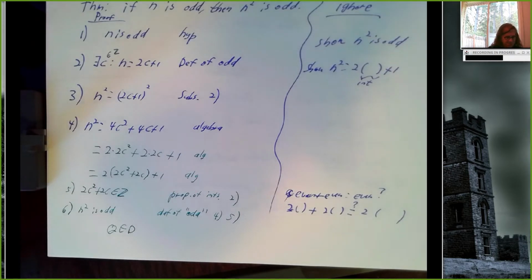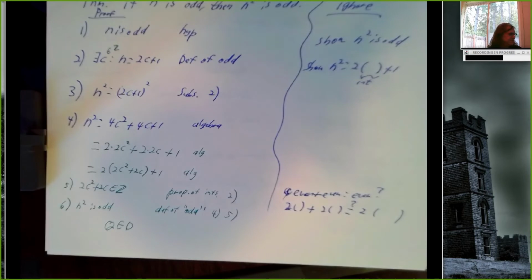And probably before I would do this, I would try it out first. 1 is odd, 1 squared is 1, that's odd. 5 is odd, 5 squared is 25, that's odd. -3 is odd, -3 squared is 9, that's odd. Do a plausibility check, and sometimes in that you'll start to get a feel for how you might prove it. But this is a great proof for n squared is odd.